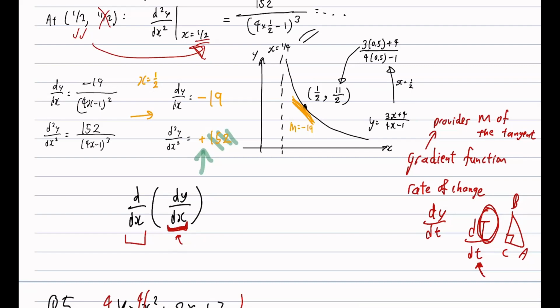So if you let g of x be equal to dy by dx, this will really just be d by dx of g of x. I use g because it's the gradient function. G for gradient. Make sense?